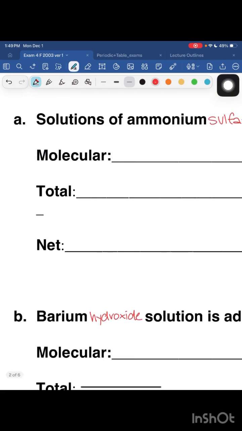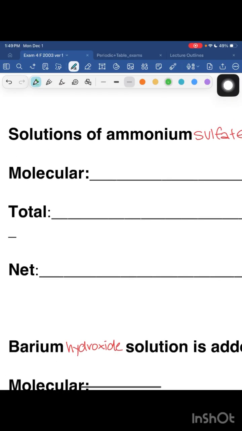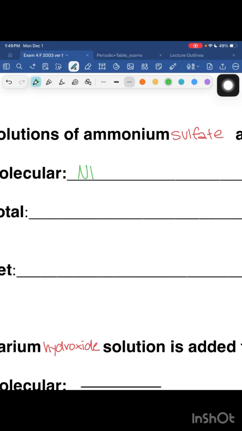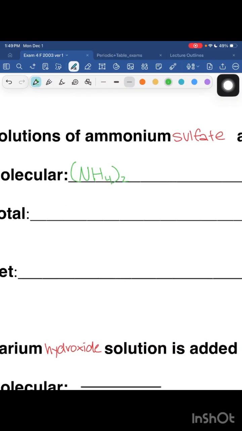So going back to the first one, since we're doing it again because I hate myself, we have ammonium sulfate, which is going to be, as we determined before, NH4SO4, pause for dog.